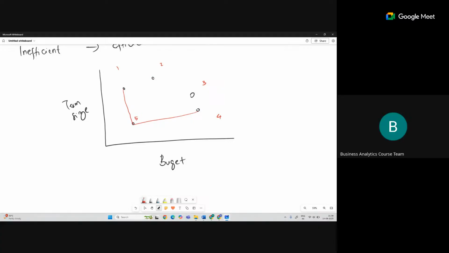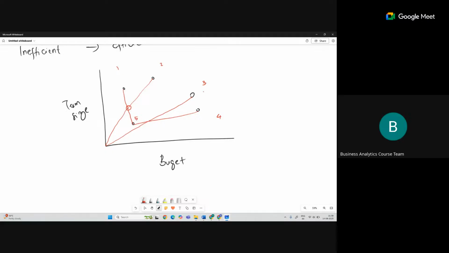So now if you want to make 2 efficient, what will you do? Draw a line from origin and connect it to 2. Similarly, draw a line from origin and connect it to 3. Here we are trying to say that this 2 should move towards the origin and meet the efficiency frontier here.